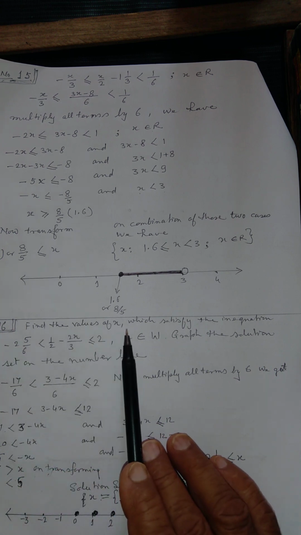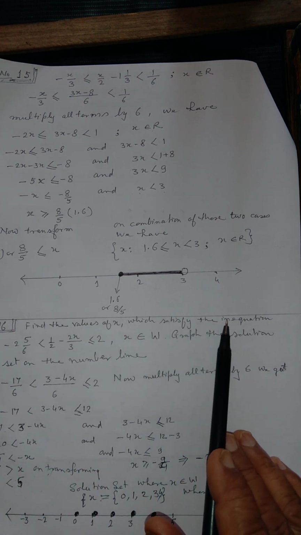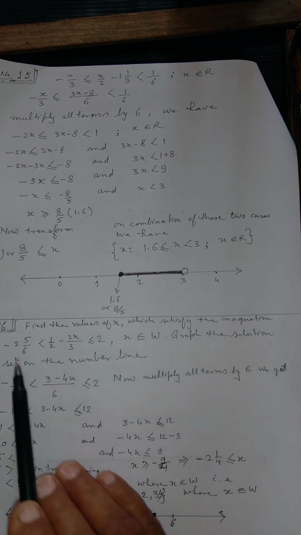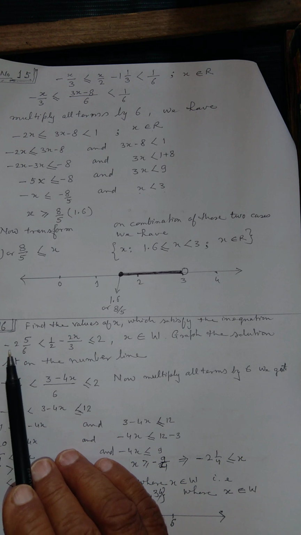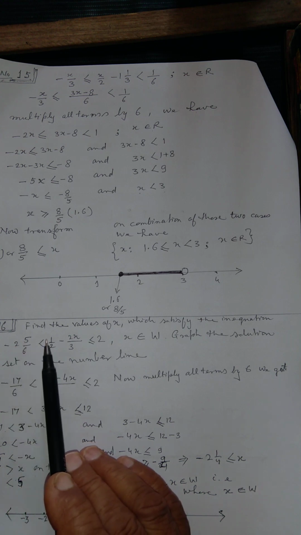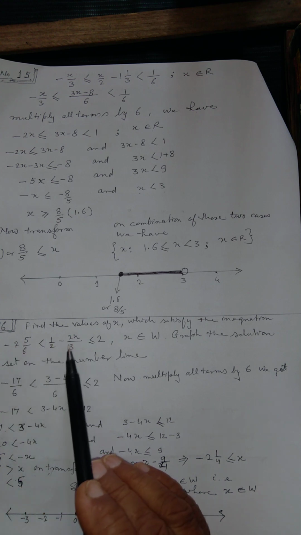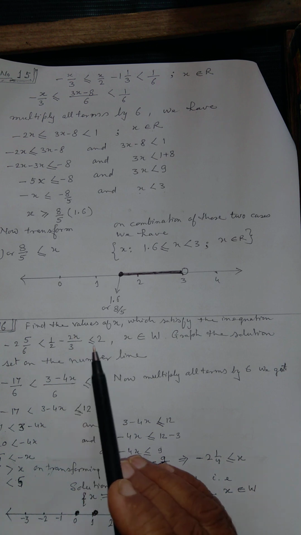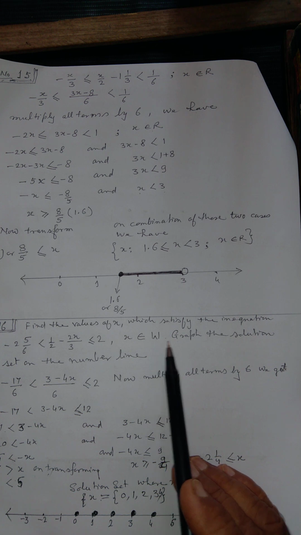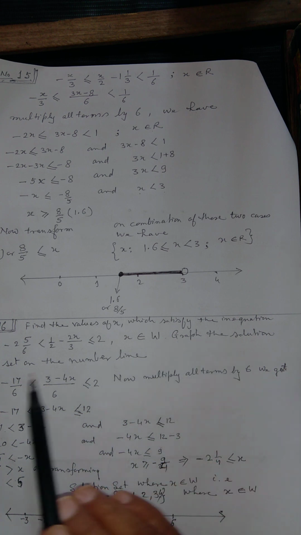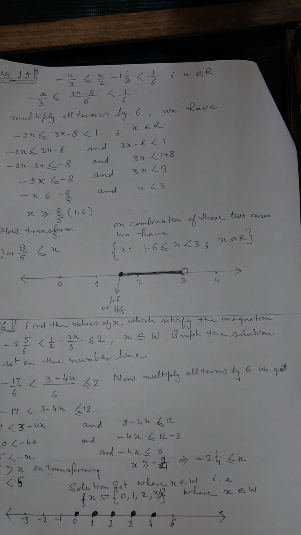Find the values of x which satisfy the inequation, and the equation is like this: minus 2 and 5 by 6 less than 1 by 2 minus 2x by 3 less than or equal to 2, where x belongs to whole number. Graph the solution set on the number line.